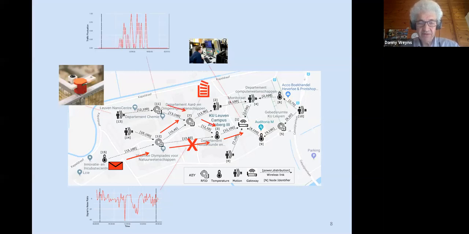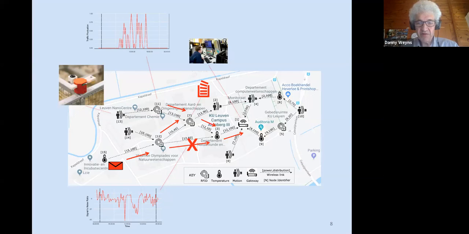Now on the other hand, other nodes in the network are also sending data. And as you can see here, the traffic in the network is not something that is stable. It's fluctuating as well over time. So this may then lead to having node number 7 there in the middle being overflowed with messages. And that of course will also give loss of messages.